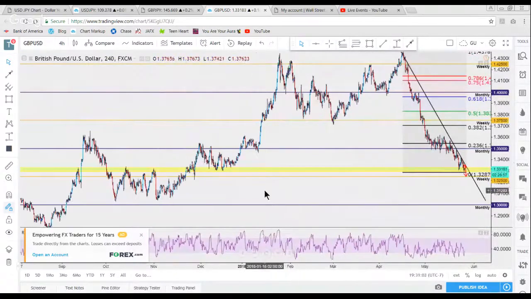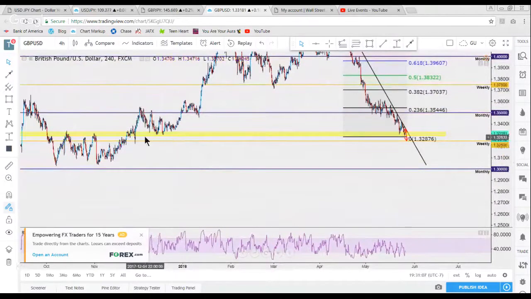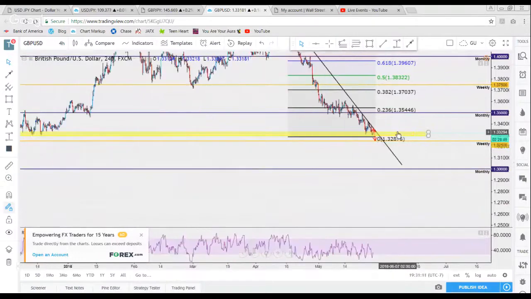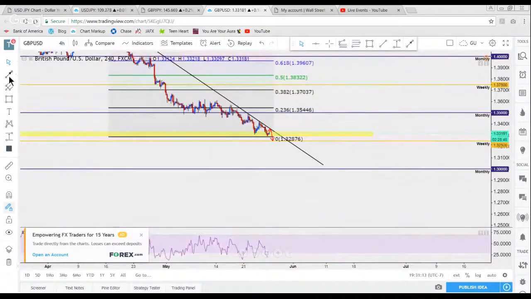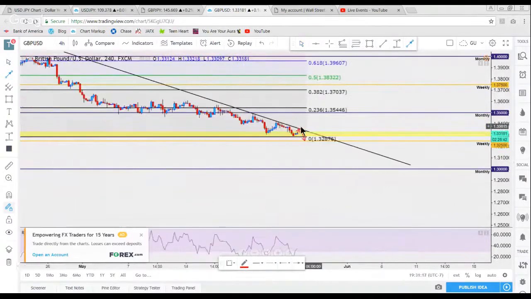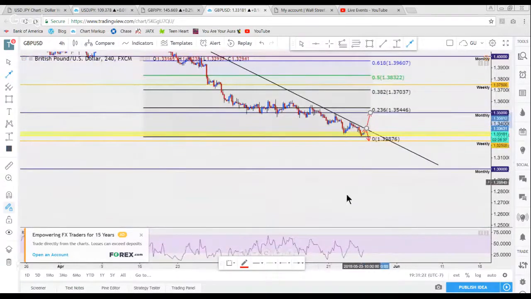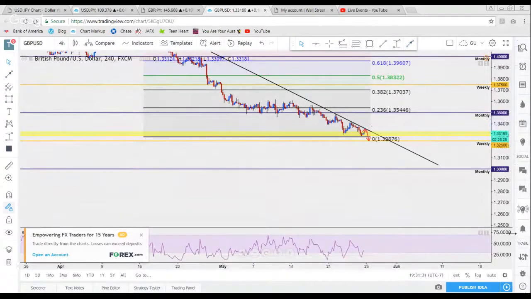Just looking left, it's possible that this area is just support and it doesn't drop to this level on the weekly. So it's very possible that we could see new momentum, with a breakout of this trend line, possibly to the next zone. But I don't see any strong bullish momentum.